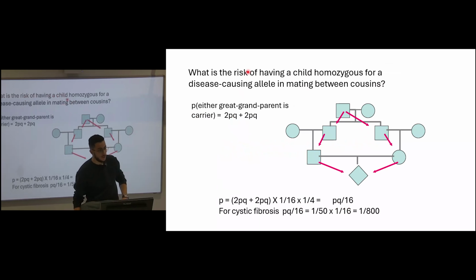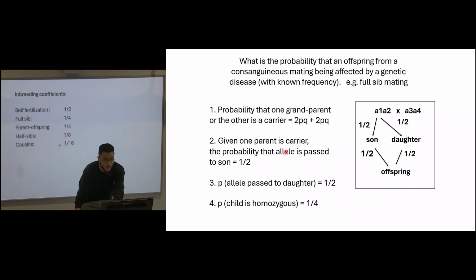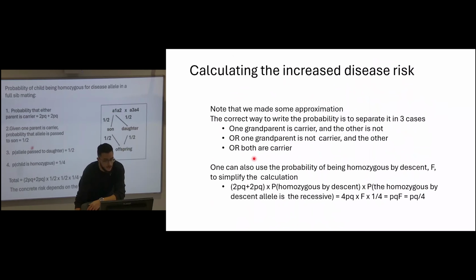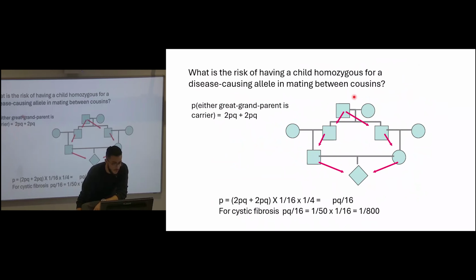So let's look at cousins. It's basically the same thinking. For cousins, instead of going through the whole 1/2, 1/2, 1/2, I'll just use the coefficient that we learned earlier. So cousins is 1/16, okay? Start with the same thing. First, the probability that either the grandparents have it does not change, times the coefficient.